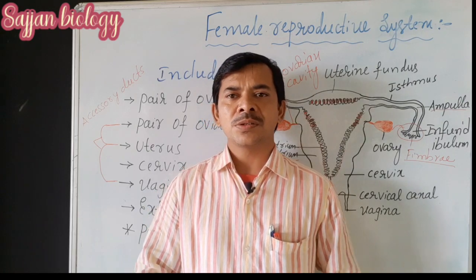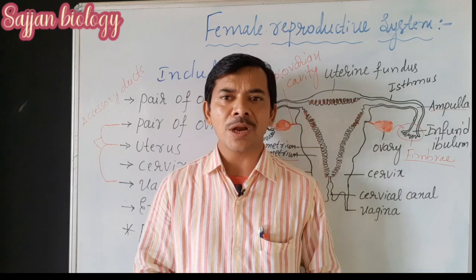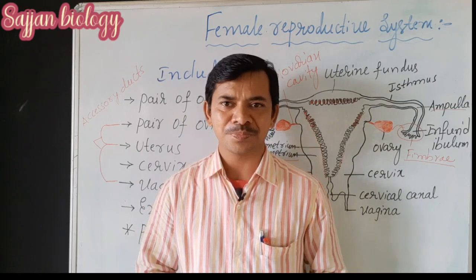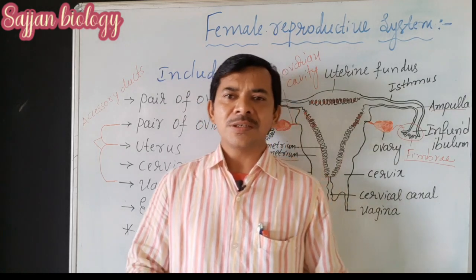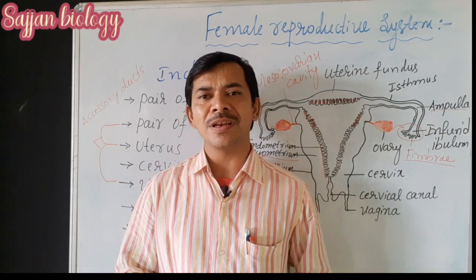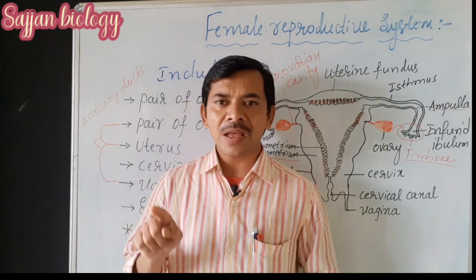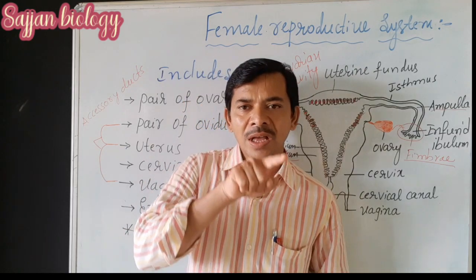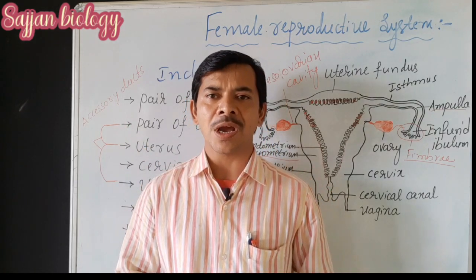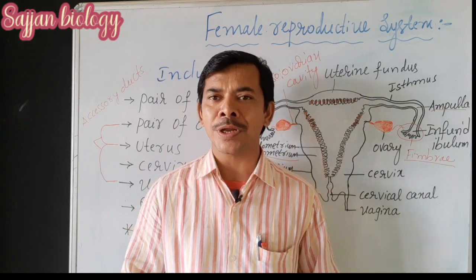Here the ovaries are located one on each side of the lower abdominal region. In general, the ovaries measure 2 to 4 centimeters in length, and they are covered by a thin epithelium tissue which encloses the ovarian stroma.